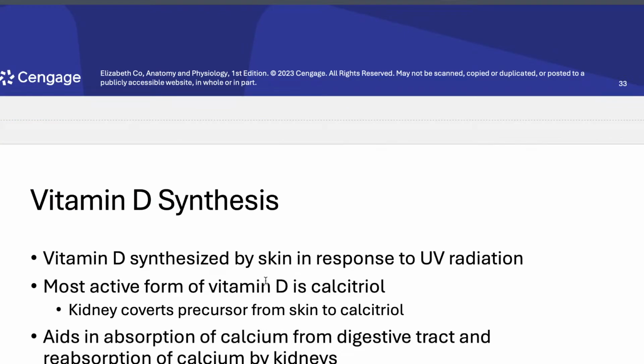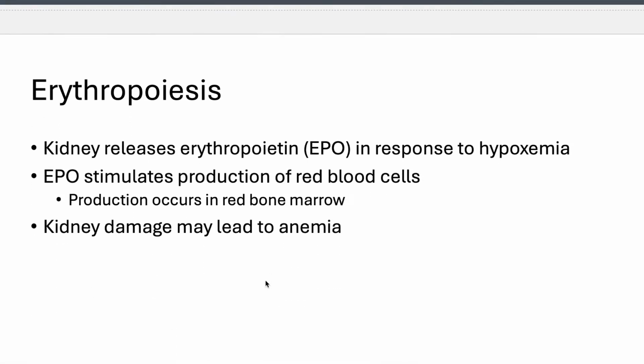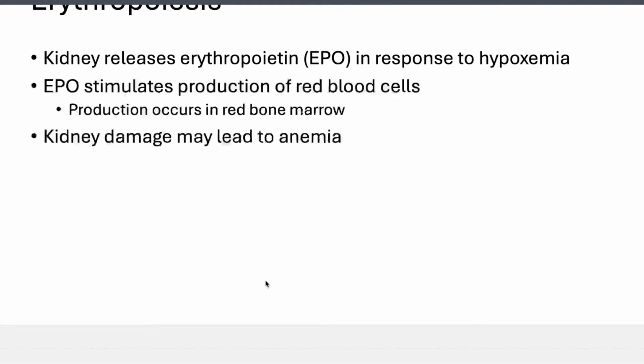So I'll write a little bit of notes about the vitamin D. Kidney converts precursor into calcitriol. Release EPO.